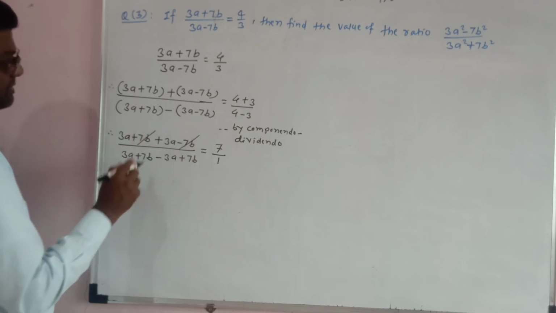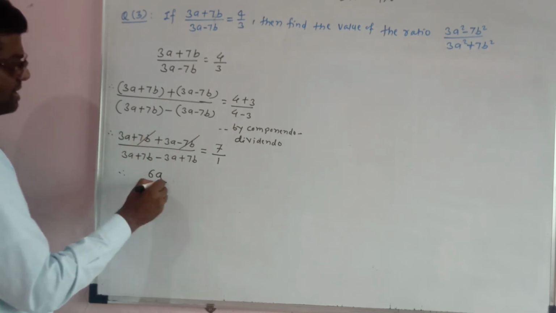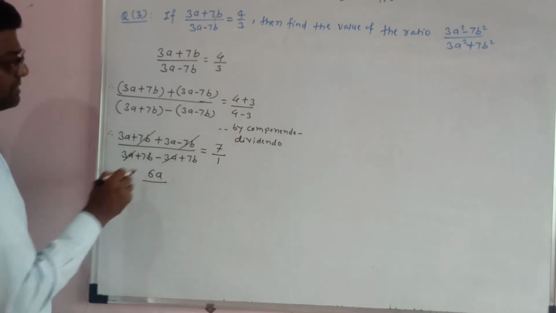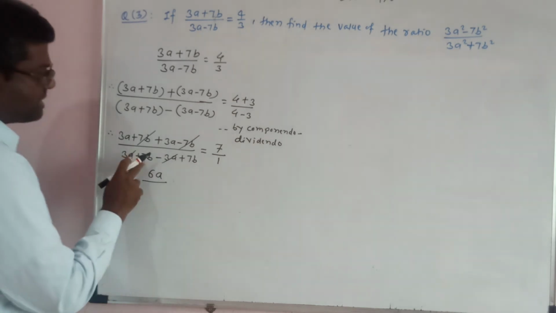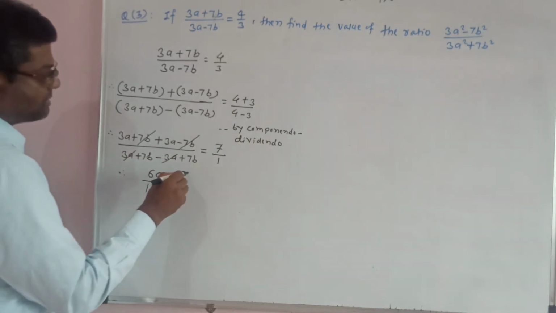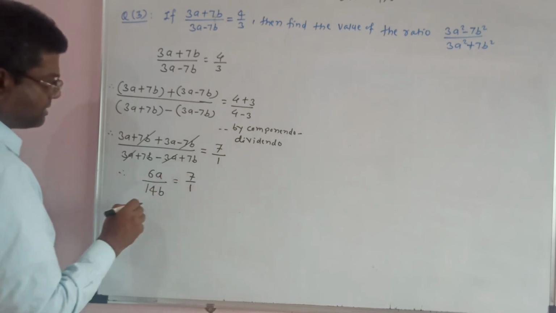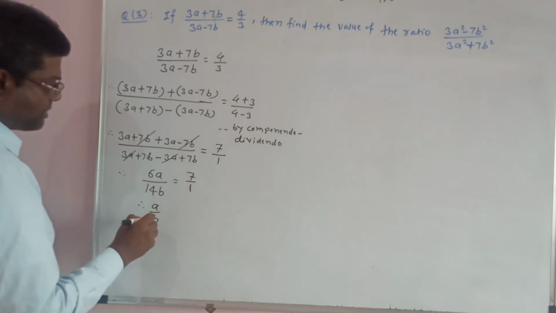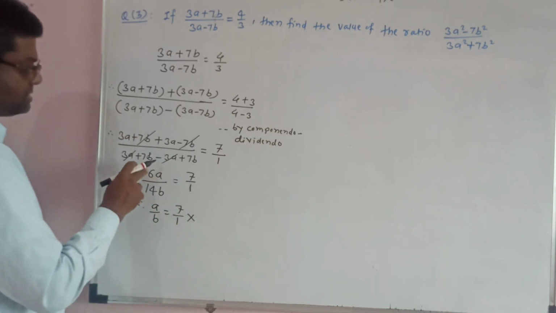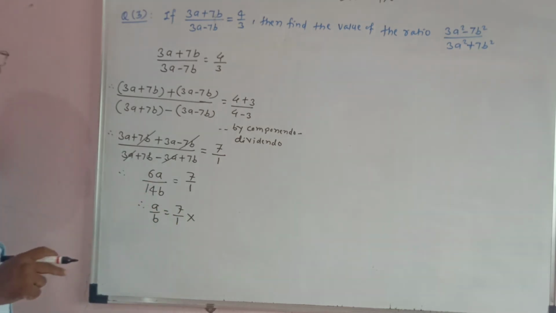Now 3a plus 3a will be 6a upon here 7b, here 3a and minus 3a will get cancelled. 7b plus 7b will be 14b is equal to 7 upon 1. Therefore a upon b is equal to 7 upon 1 into 14 upon 6 on the right side.